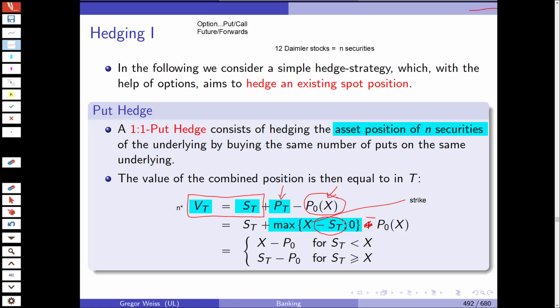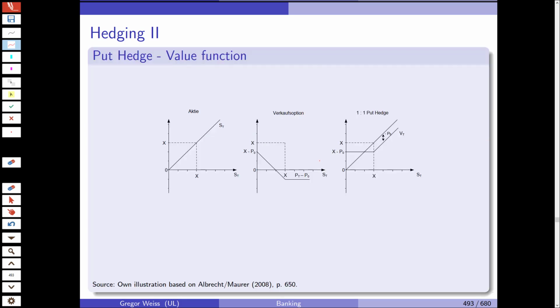And if you now combine this, depending on whether the final stock price is lower or above X, you get X minus P0 or ST minus P0. And what then happens is, you can see this here. Now, if the stock increases by 1, well, then if you only own the option, your position is worth €1. If the stock increases to 2, well, then you have €2.